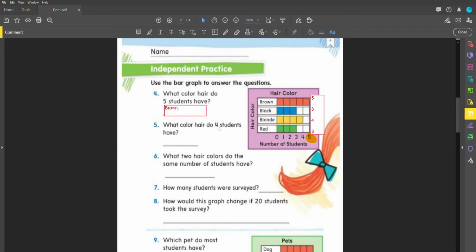What color hair do 4 students have? So, let me know. Which color has 4 students? Here 5 students, and here 4 students. Okay, blonde.